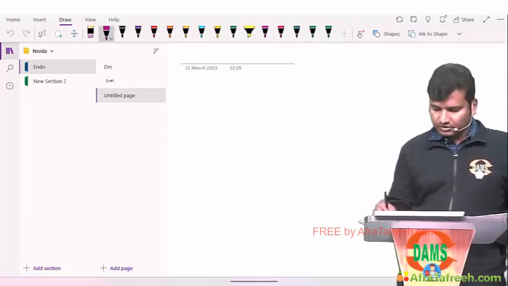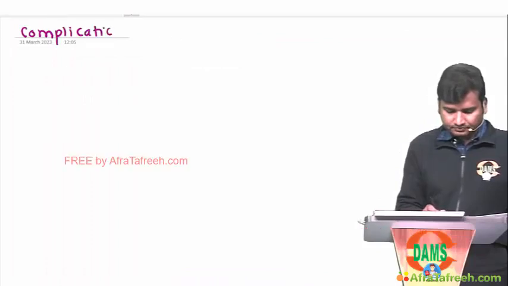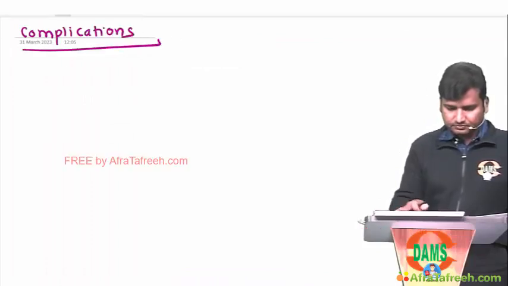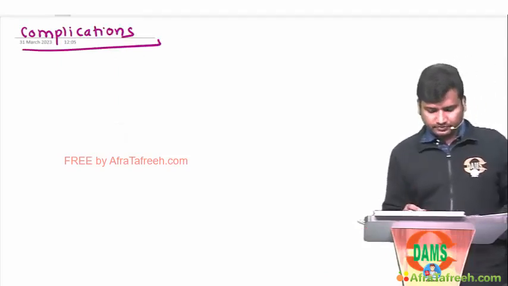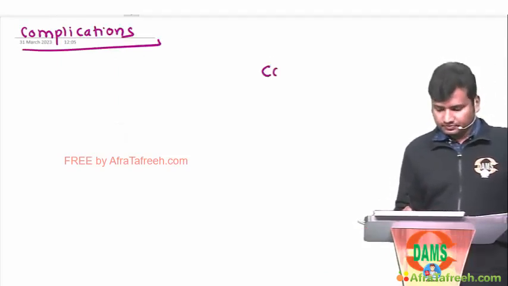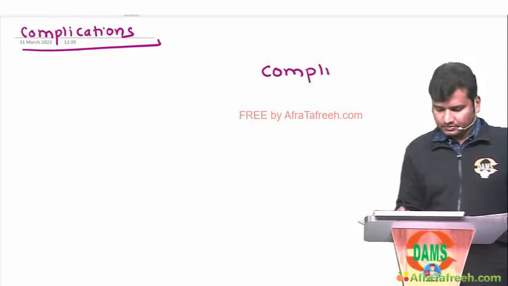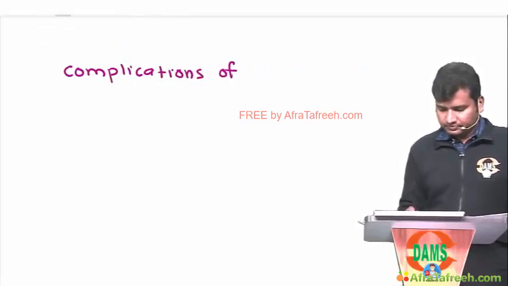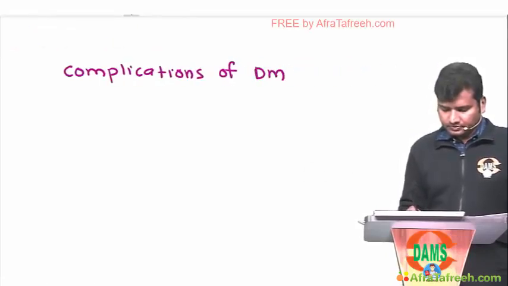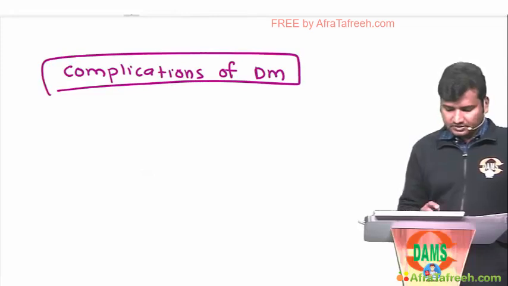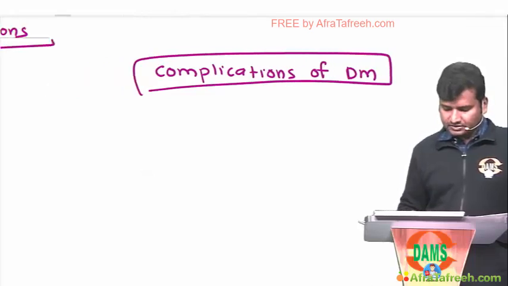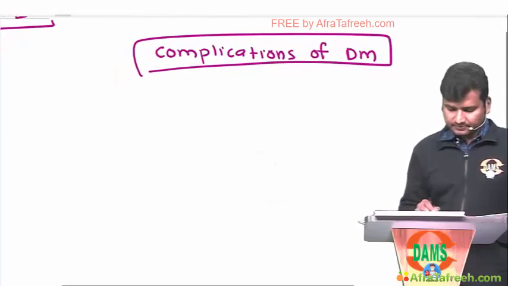So give the heading complications of diabetes. These complications are acute complications and chronic complications.